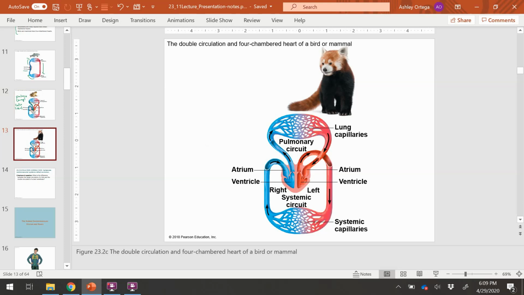They both have a systemic circuit pumping blood to the body, but now the four-chamber heart of the bird or mammal is going to have a pulmonary circuit that goes just to the lungs. And so you can see here the right ventricle is going to pump blood to the lung capillaries, which then exchanges it, returns it to first the left atrium and then the left ventricle.